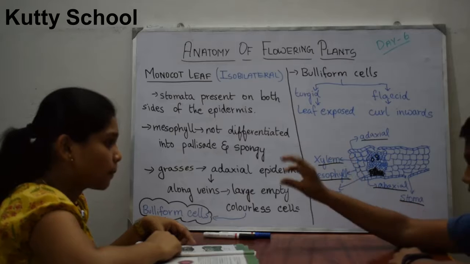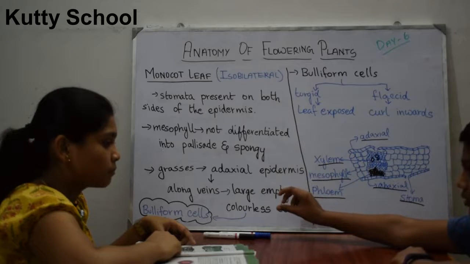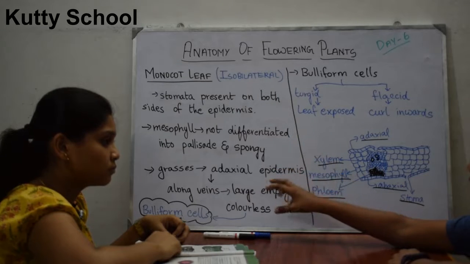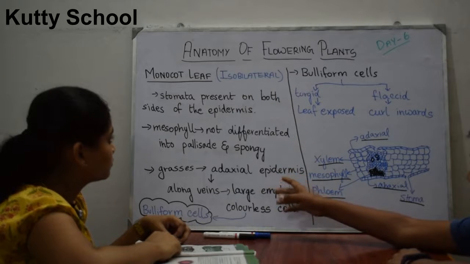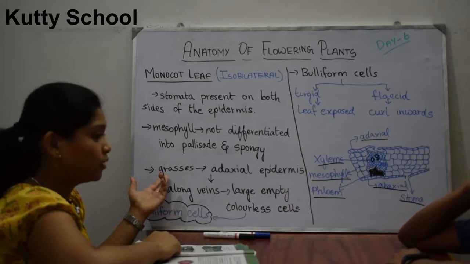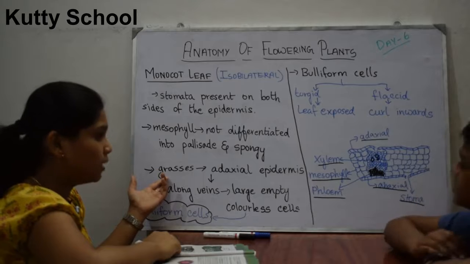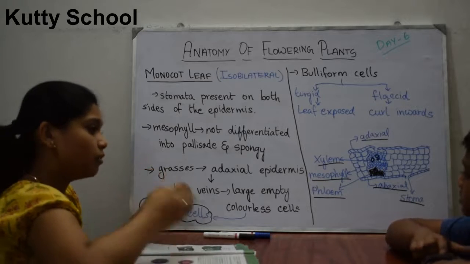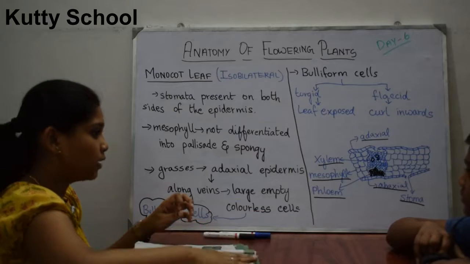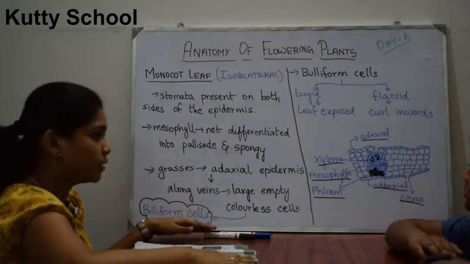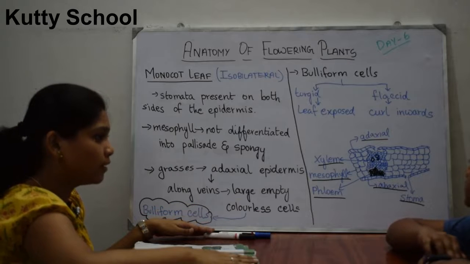If one cell is colorless, can you call it a bulliform cell? No. Only in grasses and monocot leaves, in the adaxial epidermis, it is called that. There are a few more examples, but we are seeing only grasses. It is present only in monocot leaf and only in the upper epidermis. Can you understand?